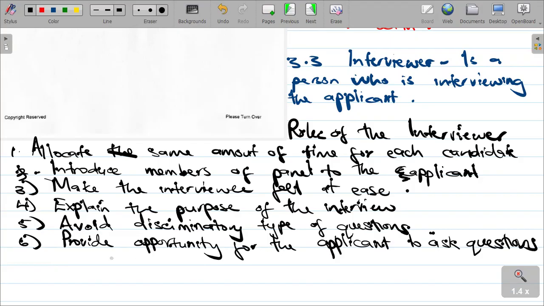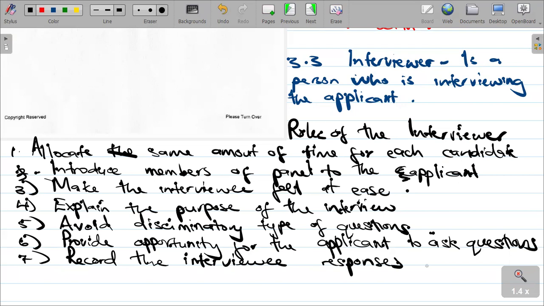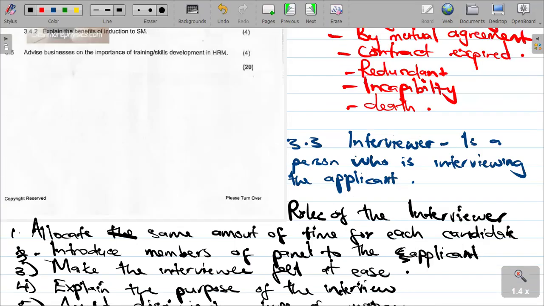And lastly, is supposed to record the interviewee's responses. So these are the roles of the interviewer.